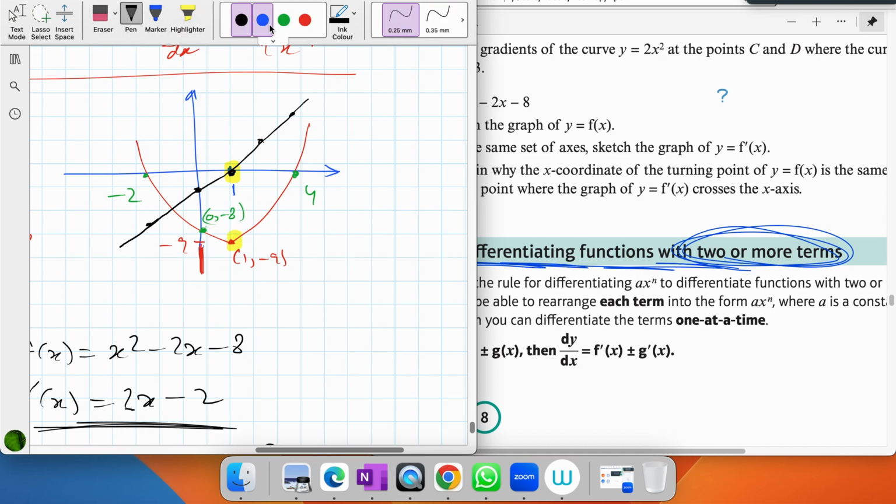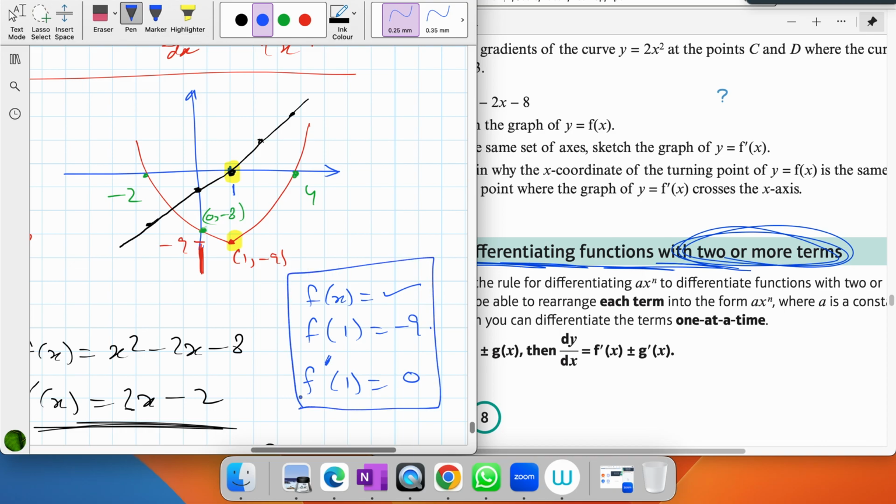To summarize, f(x) is the equation, and we know when x is 1, it is -9, and it is saying that f'(x) at 1 crosses 0, and why?